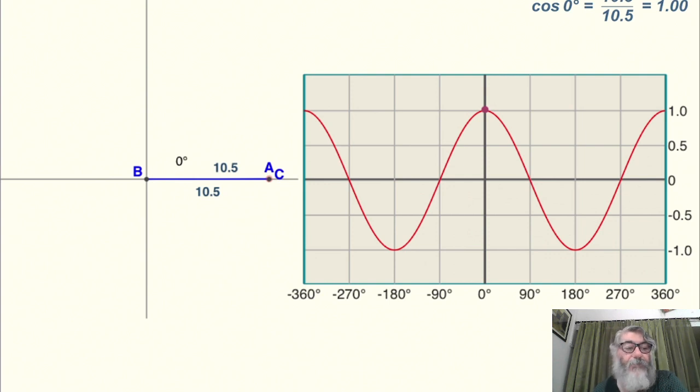The value of the function is maximum. Here y is equal to cos x, and we notice the value of y is maximum, plus 1. And why is it plus 1?